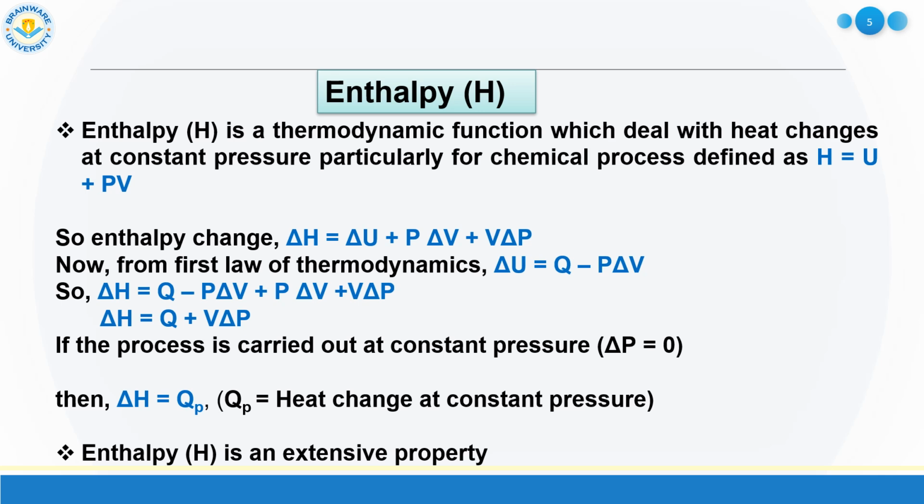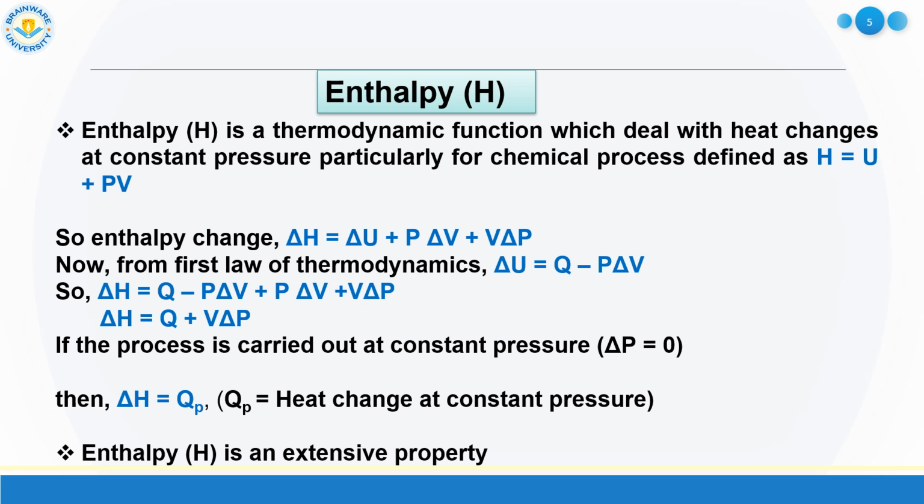If we calculate the change in enthalpy, it is basically delta U plus P delta V plus V delta P. Now if we apply the first law of thermodynamics here, which is delta U equal to Q minus P delta V, and put it in this equation, we will eventually get delta H equal to Q plus V delta P.